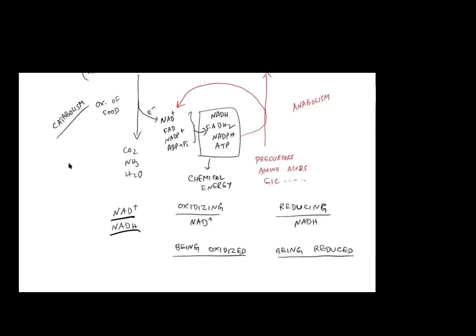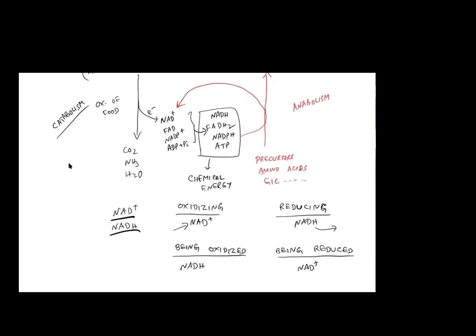So being reduced is NAD plus and being oxidized is NADH. So which of these is actually accepting electrons? NAD plus. NAD plus is accepting electrons and NADH is giving electrons, right?